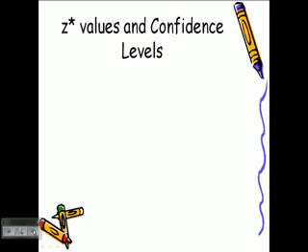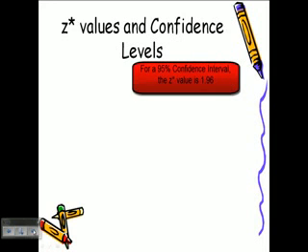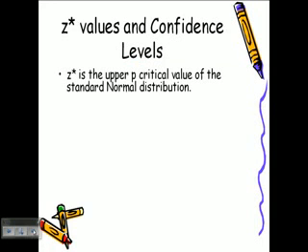The exact distance that 95% confidence intervals fall from the mean goes to negative 1.96 and positive 1.96. So we would say that for a 95% confidence interval, the z-star value is positive 1.96.